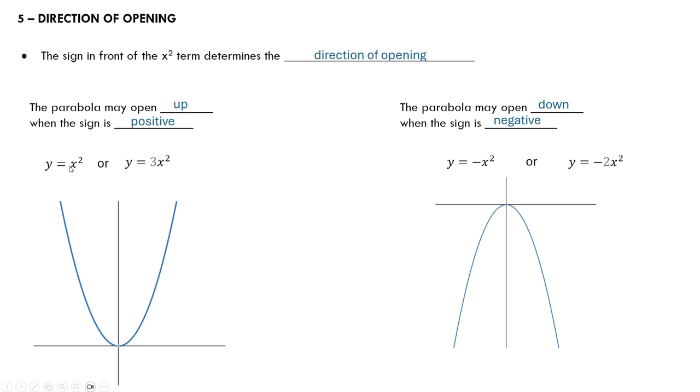X has a positive coefficient, positive 1, and then we get the happy face. Positive number, happy face. Negative number, sad face. So anytime there's a negative coefficient in front of the x squared term, be it negative x or negative 2 in this case, then the parabola will open up downwards.